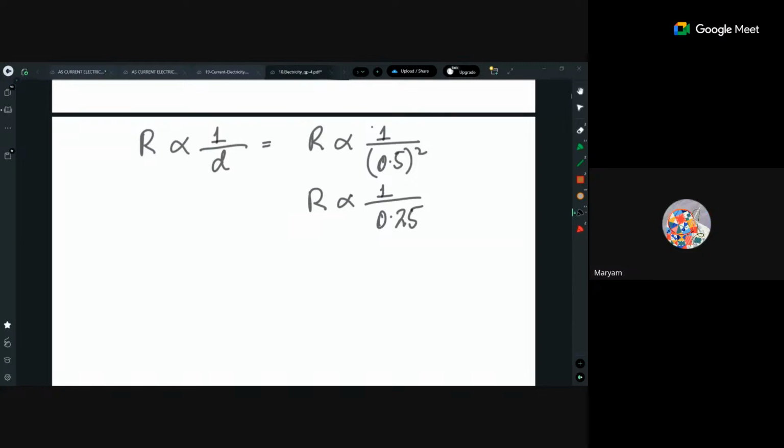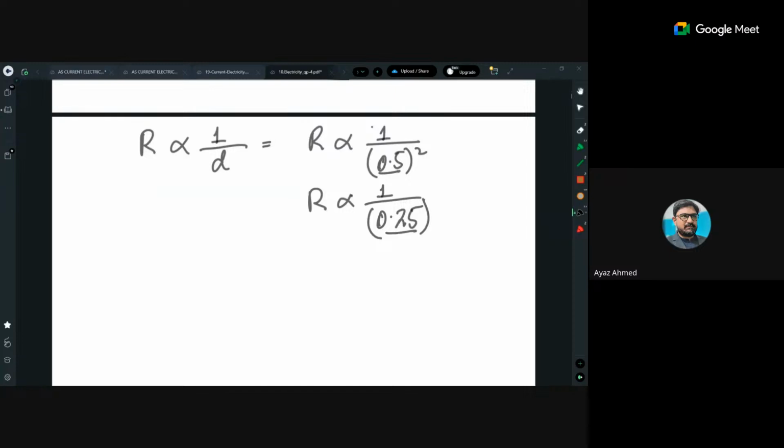Yes, now it is. So is it clear that it would be 0.25 times? Yes. 0.25 times is actually 1/4. As 0.5 is 1/2, it is 1/4.